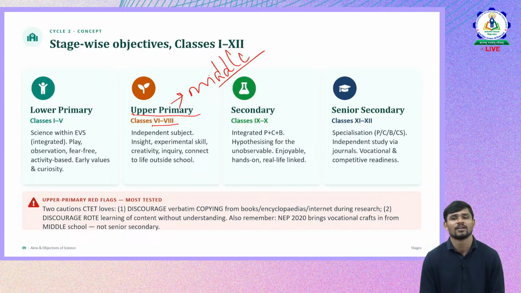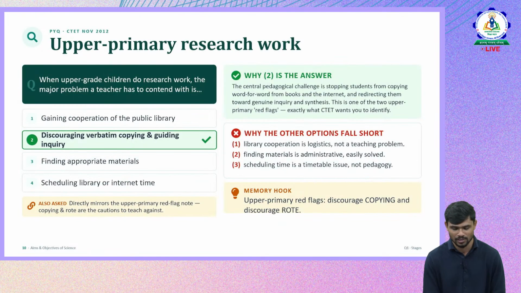Then senior secondary becomes even more in-depth, including vocational and competitive readiness. So these are the stage-wise objectives from 1 to 12.